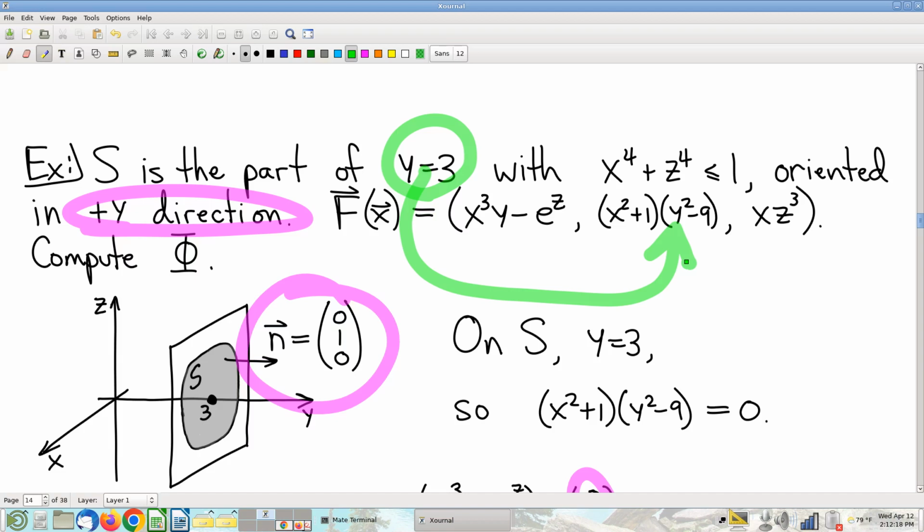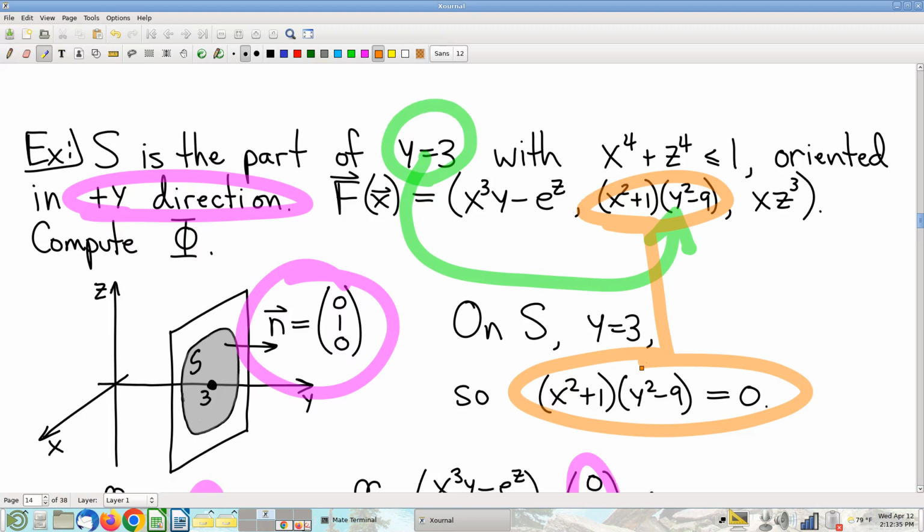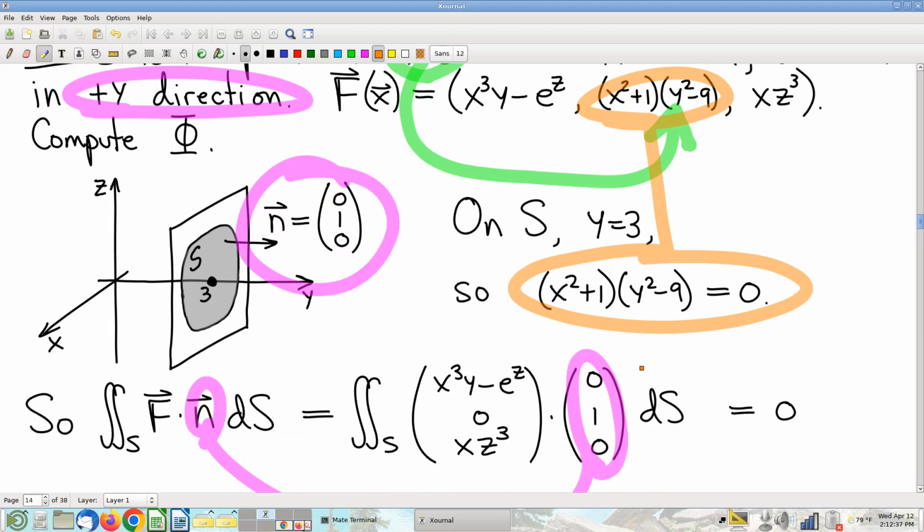That means that for every value of the x position vector that I care about, in the vector field, y is always 3, which means that this second coordinate is just flat 0. And if that second coordinate is just flat 0, that's another nice little simplification for my integral. How we doing? Everybody with me?